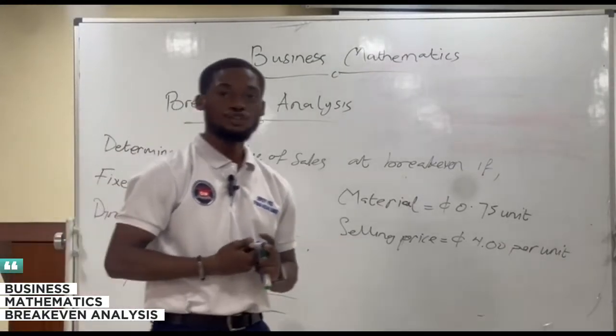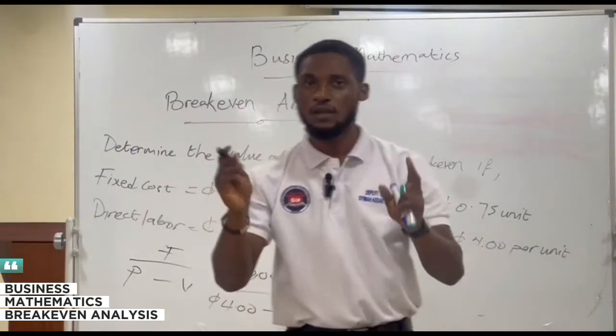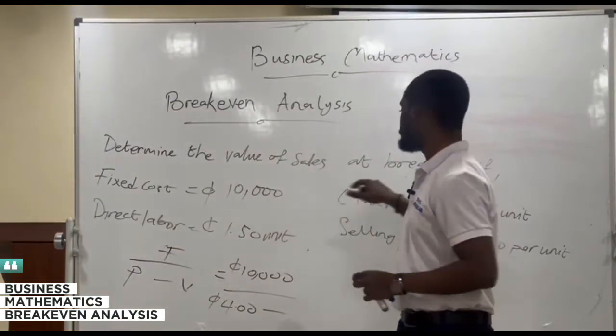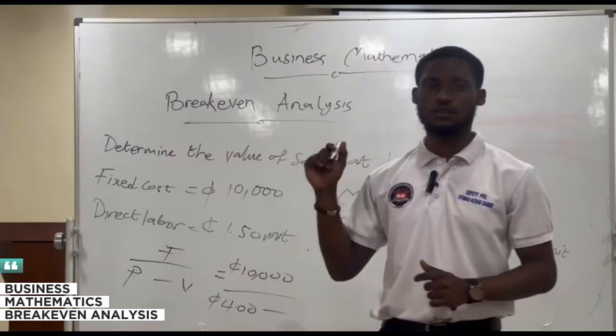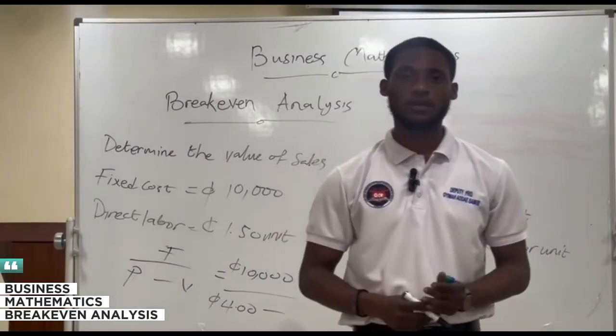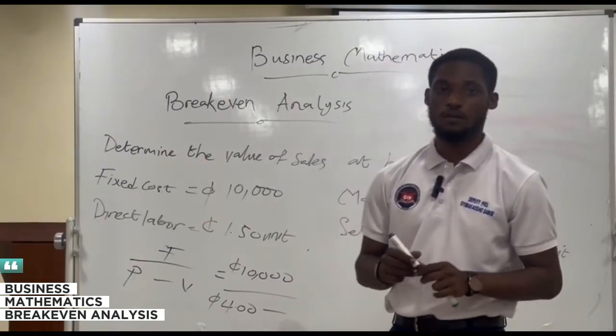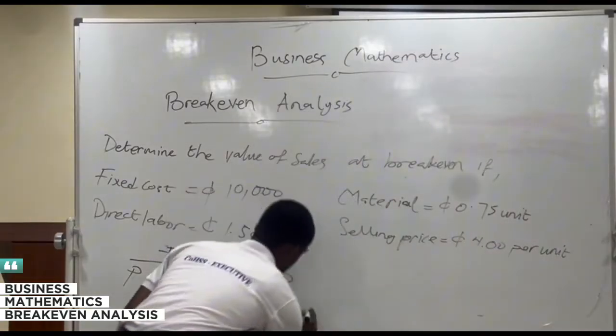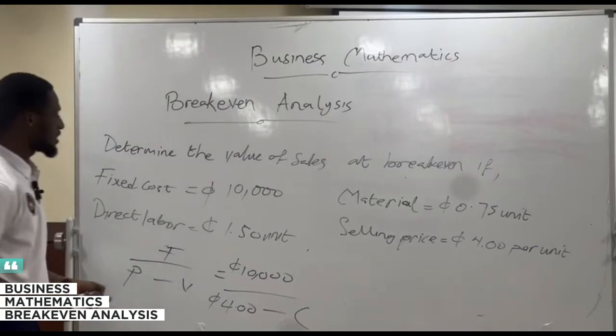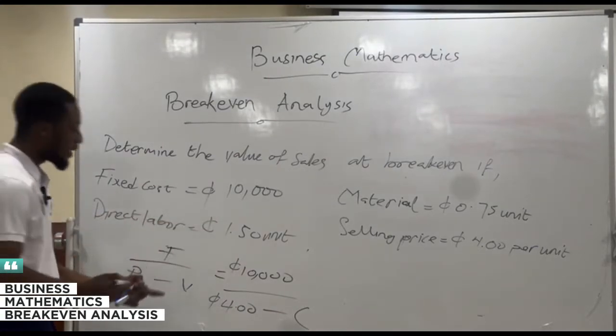But the variable cost wasn't given. So what do we do? It's simple. We have to add the factors of production in our question to get our variable cost. So now, the factors of production here, we start with direct labor.